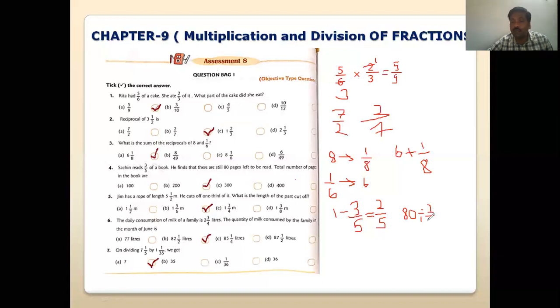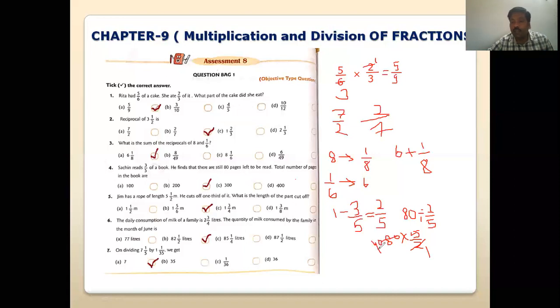When 80 is divided by 2 by 5, we write 80, and when we change divide into multiply, 5 goes above as the numerator and 2 comes here as the denominator. And now when we cancel it, 2 ones are 2, and 80 divided by 2 is 40.